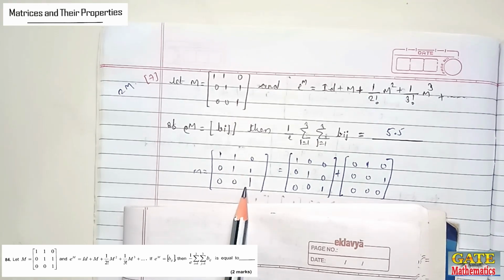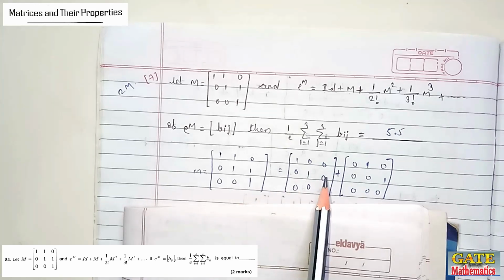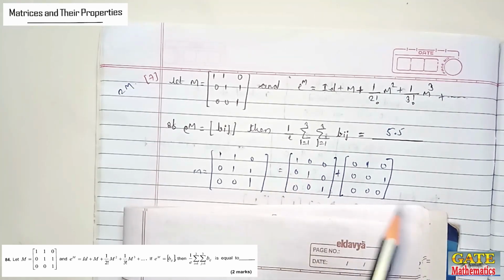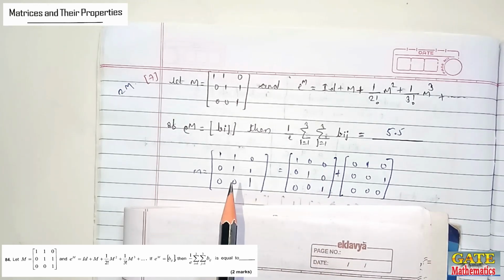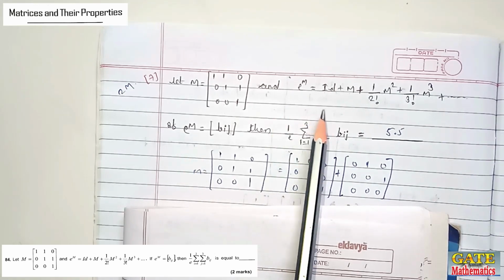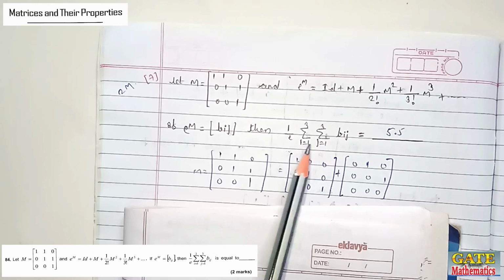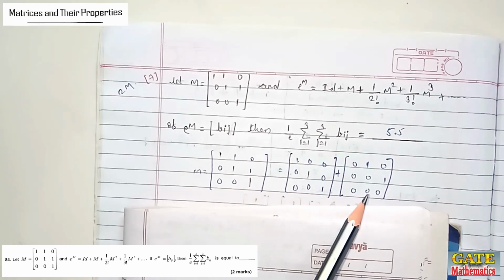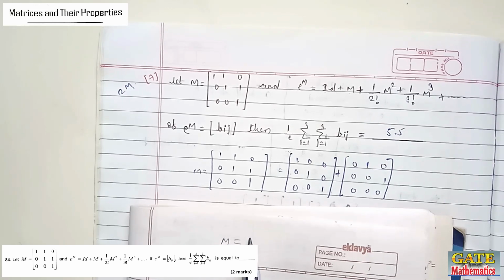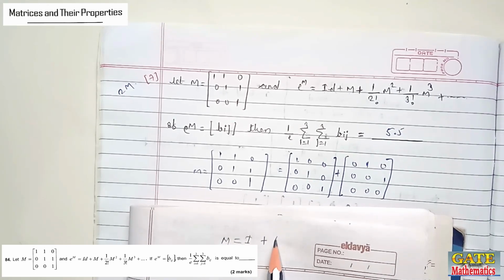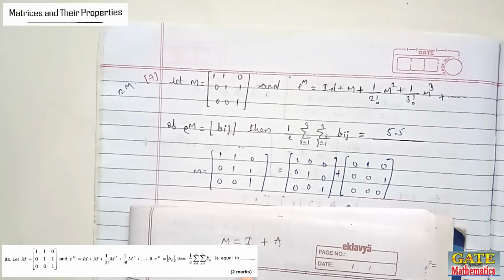I have written this matrix M as the identity matrix plus another matrix, which I call A. I just expanded M this way because I have to find out whether some relation exists inside M, and then compare this relation with e raised to M. Then we'll get bij easily. So M is equal to identity plus A.